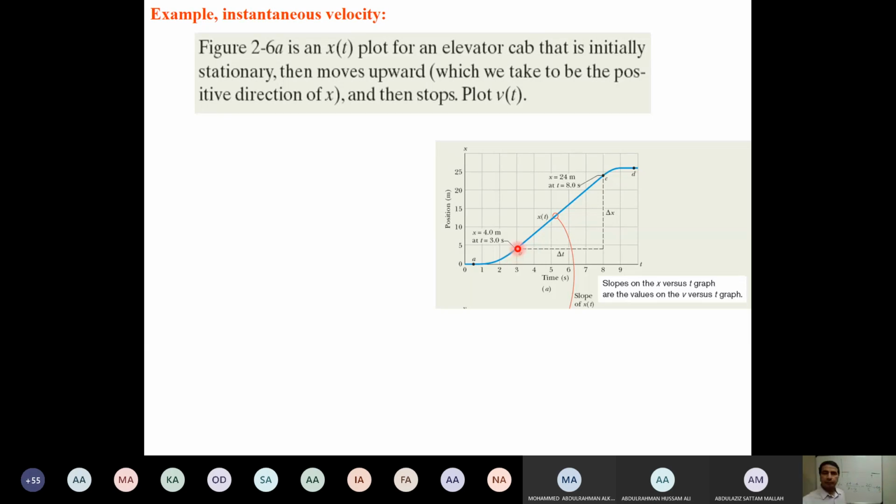So what I got is that along this straight line from B to C, the elevator had a speed of 4 meters per second. Therefore, when I'm plotting the velocity in meters per second on the y-axis, with 4 here, I can see that from 3 seconds to the last point, 8 seconds, I will sketch this line upward, reach 4, and from 4 to 4, I can plot a straight line.